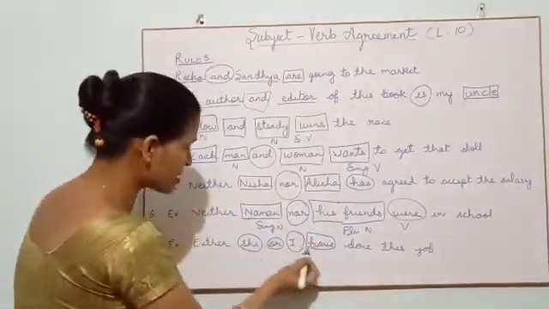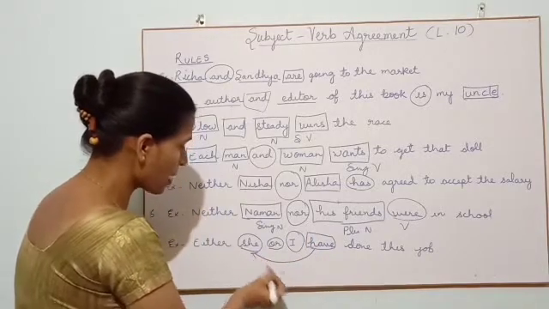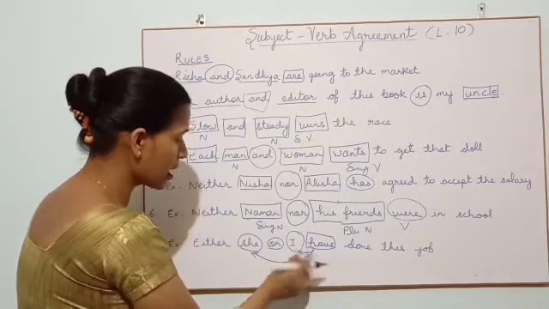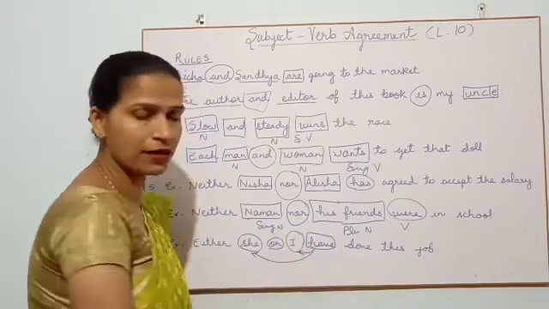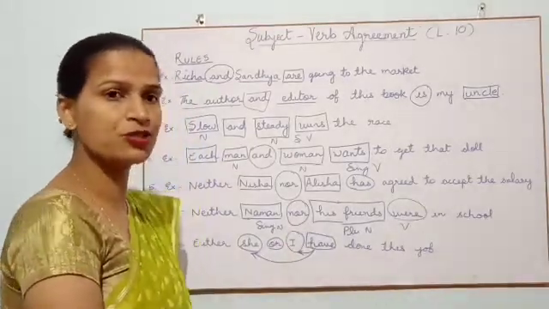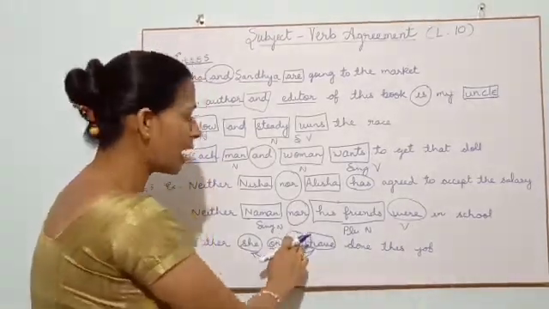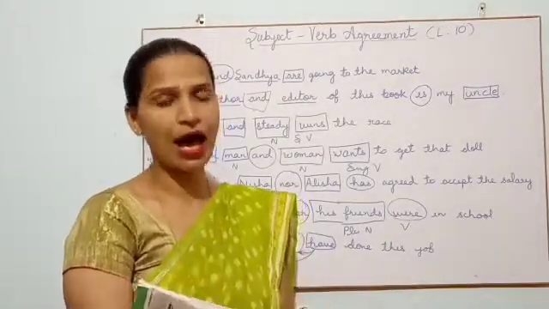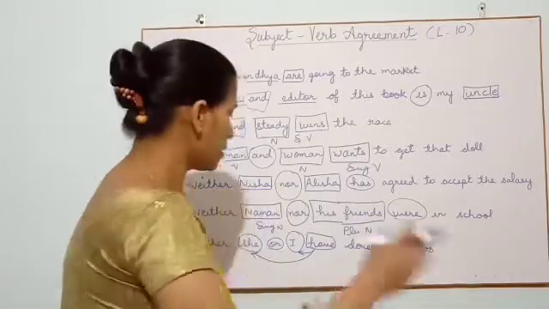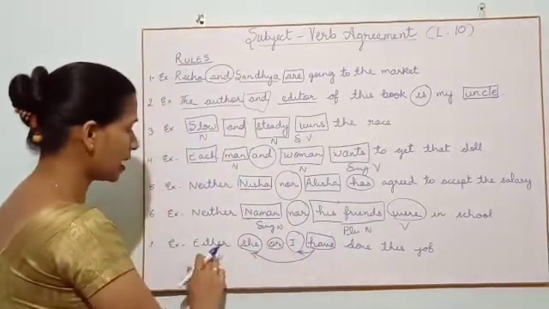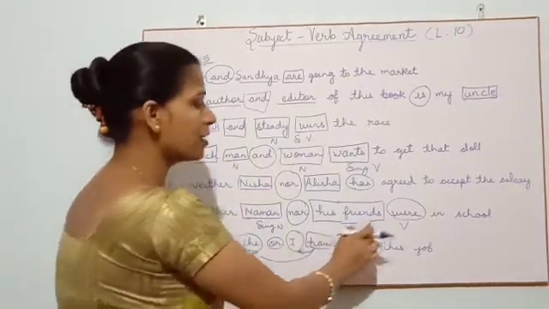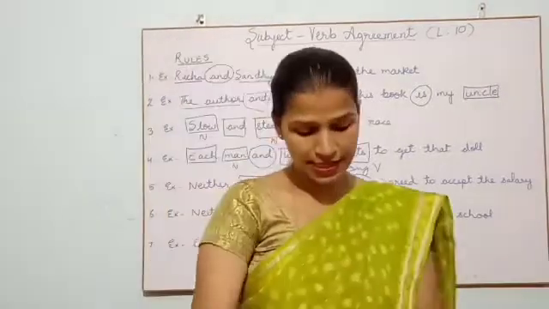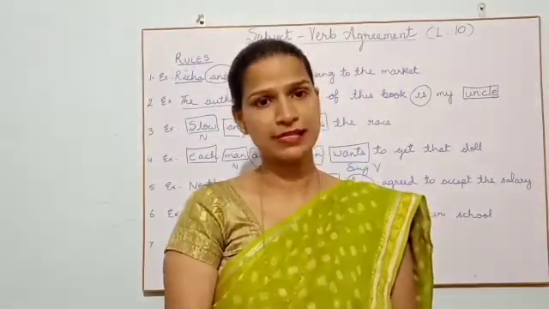And this subject is far from the verb, but this is near to it. So whichever is the near one, we go according to that. So we have I, and we know that with I we use have. We don't use has, but we use have. That is why we have written either she or I have done this job. This is your rule number 7.